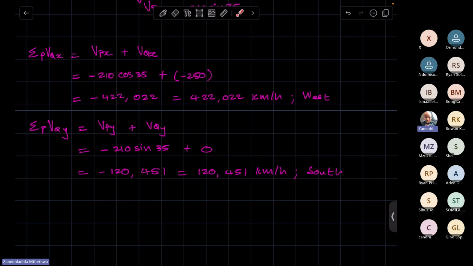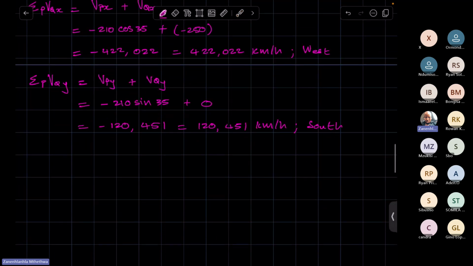Right. So we have the components of our resultant. So now we simply can use Pythagoras to calculate the resultant.